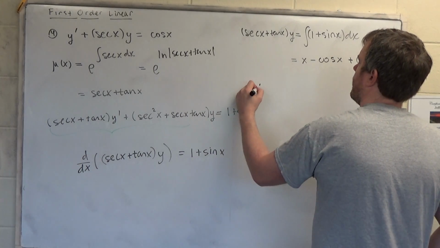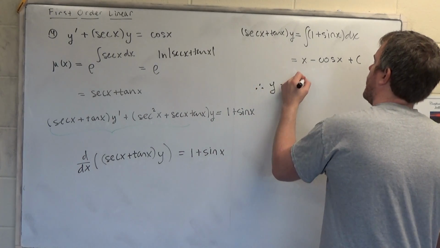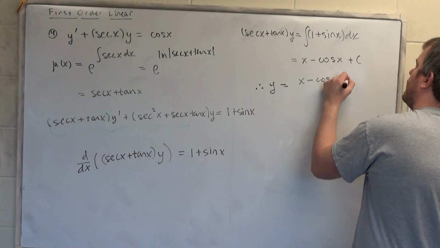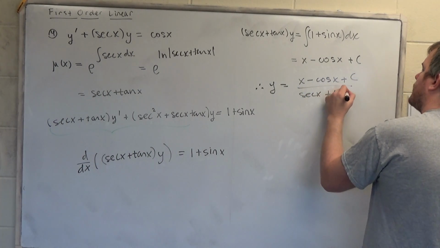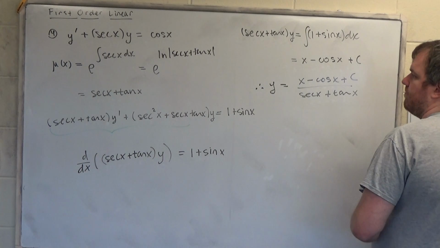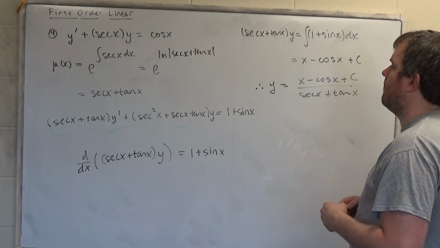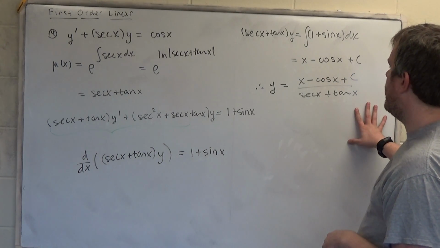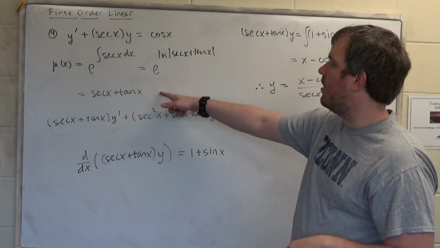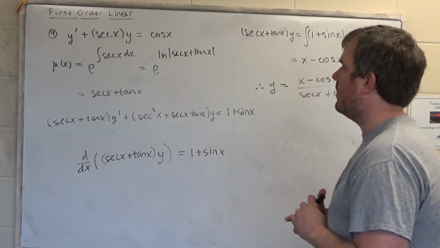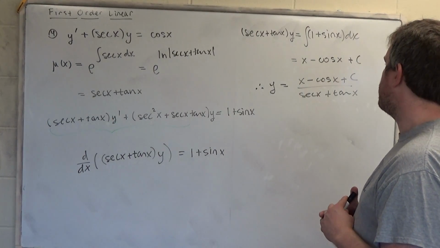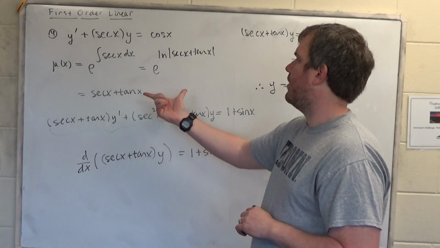So we get y is x minus cosine x plus c over secant x plus tangent x. And that's it. Again, we have the same caveat from before. We have to make sure that these are both positive or something. On a region where both of these are, say, positive, we're in good shape.